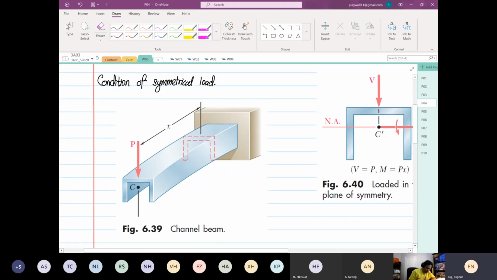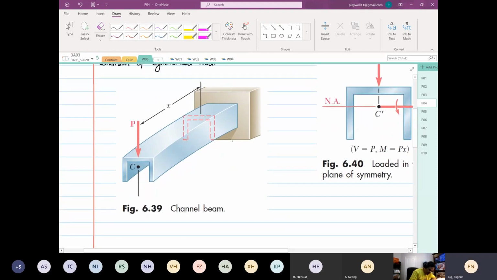So if this is my y, this is my x, and over here, this is my z, right? So for this case, it's a built-in structure, a cantilever beam. At one end is built-in, at the other end is P.